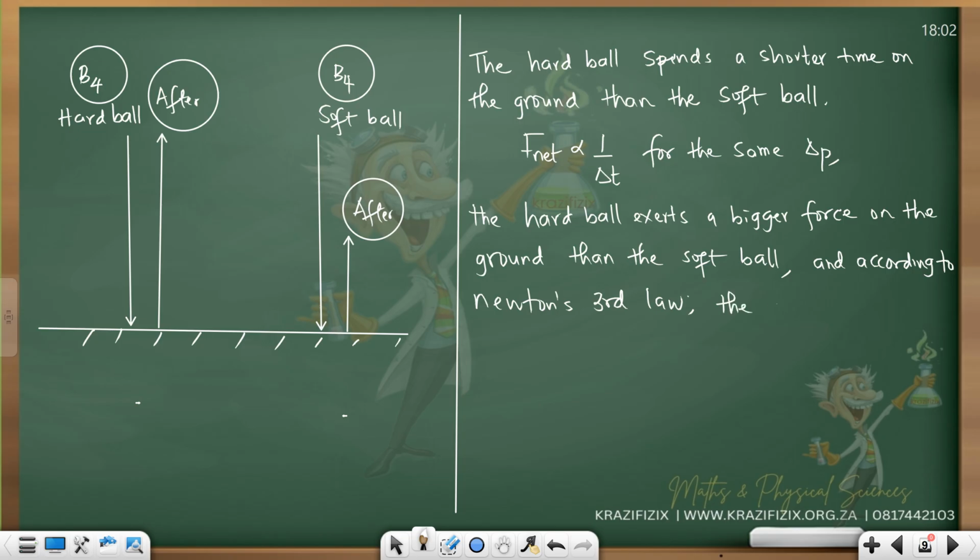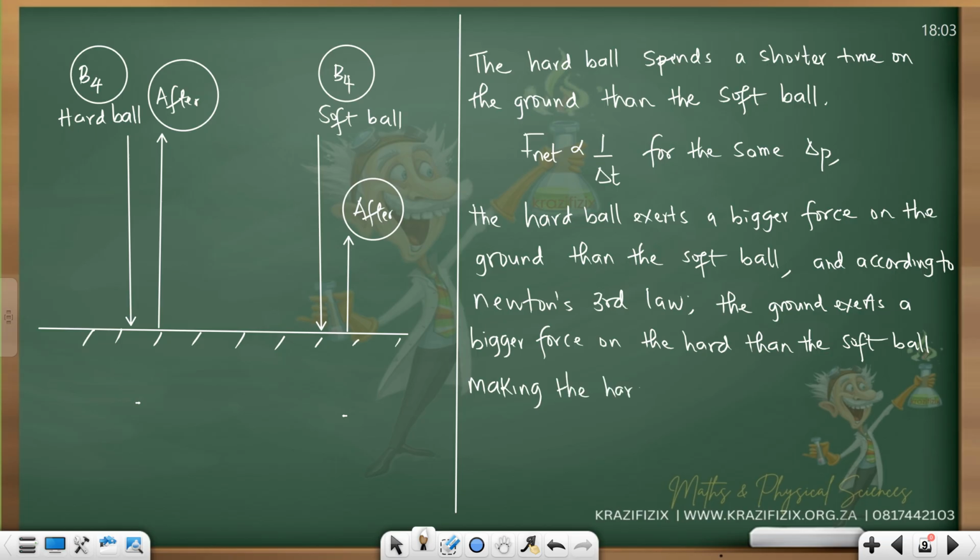According to Newton's third law, the ground exerts a bigger force on the hard ball than the soft ball, making the hard ball reach a higher maximum height, because I want to keep the velocities the same. I want to know if all my story here makes sense to you.